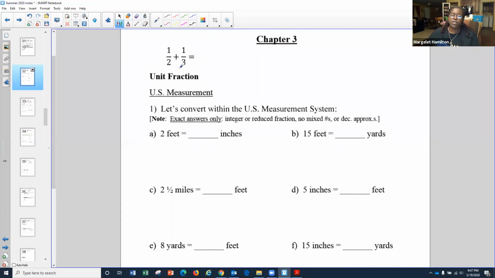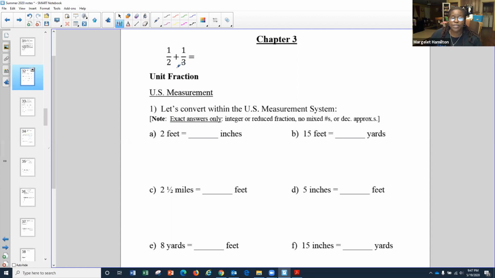Okay, so when we're dealing with our fractions, remember when we were asked to add just basic fractions? We know that we need a common denominator in order to do that. So when they ask us to add 1/2 plus 1/3, we see that our common denominator here is 6.